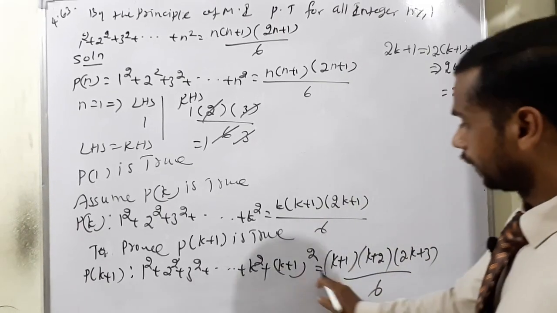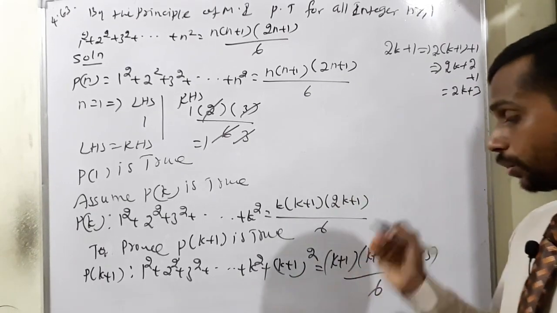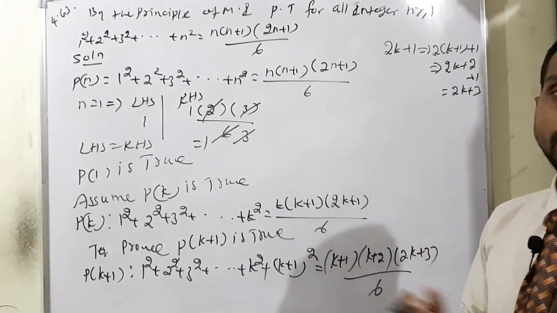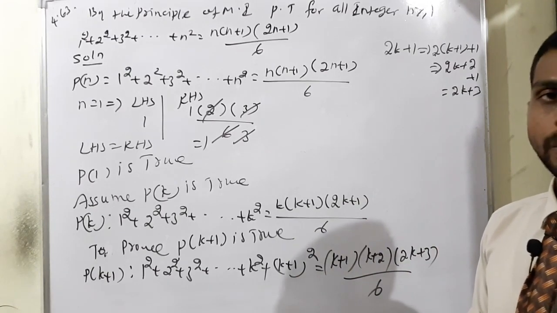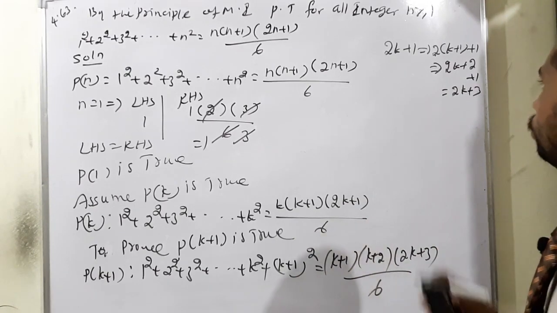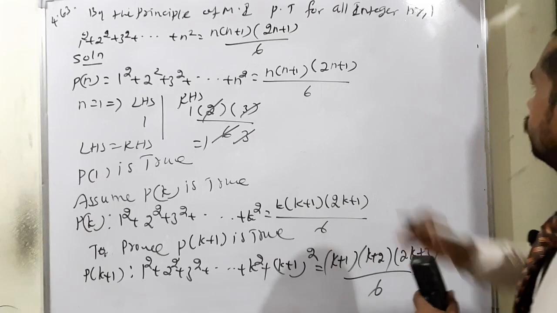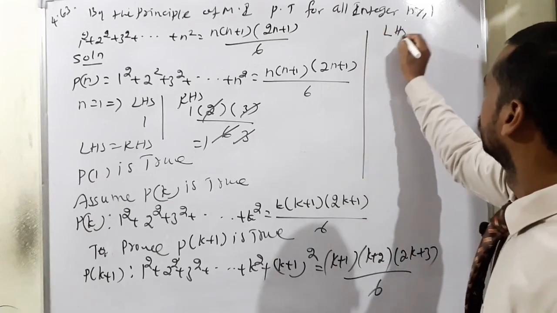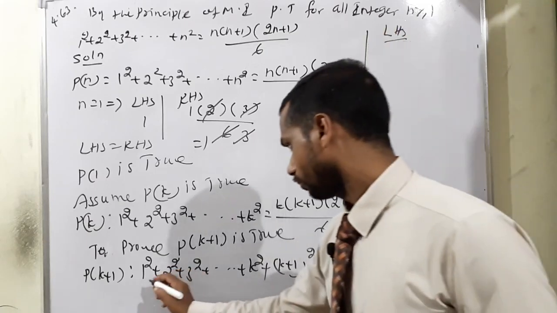Now we have to prove LHS equal to RHS. If both terms are equal, we can say it holds for all integers n greater than or equal to 1. So what is the LHS term?